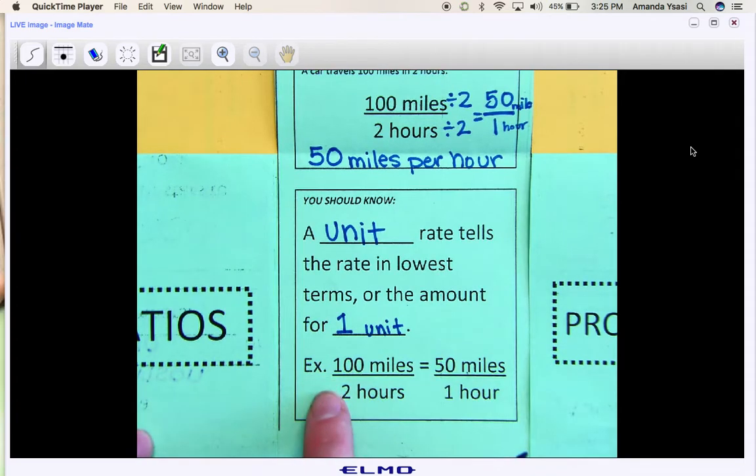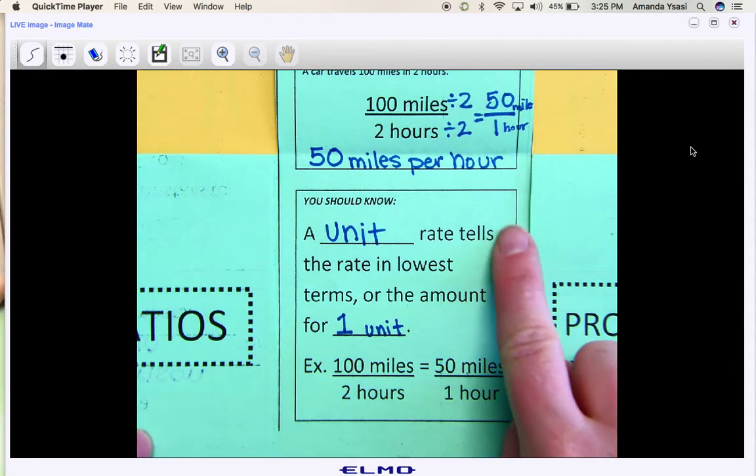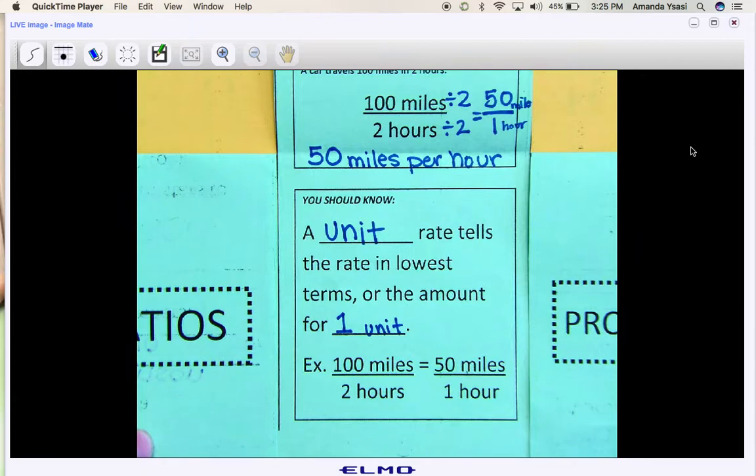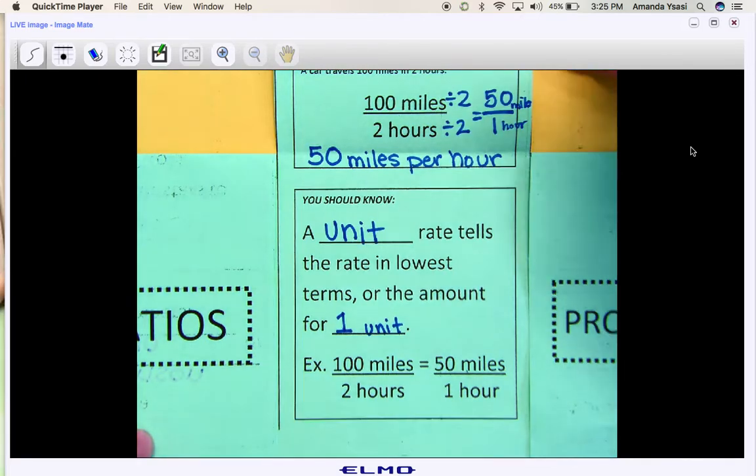And the example, we already did that. So that's good. So unit rate tells the rate in lowest terms, or the amount for 1 unit.